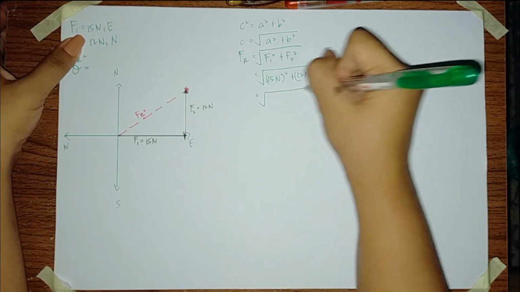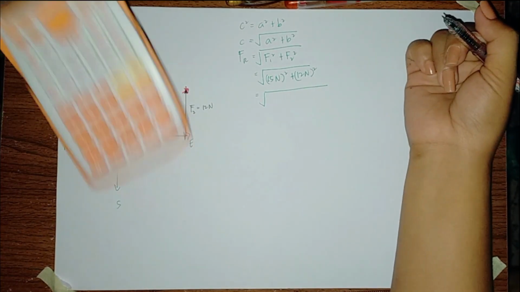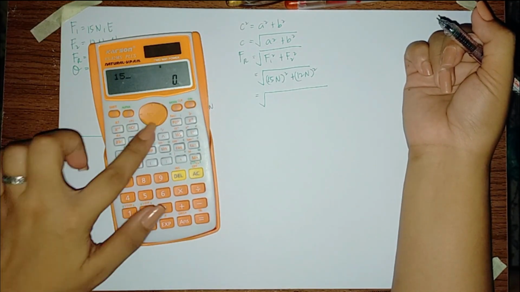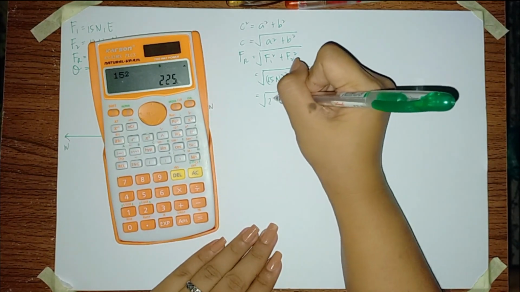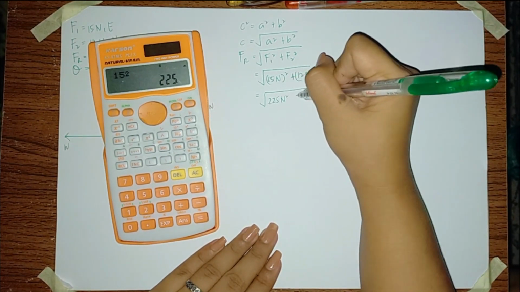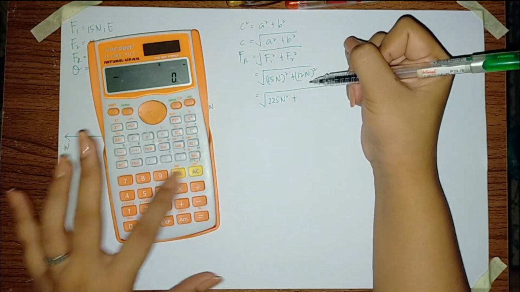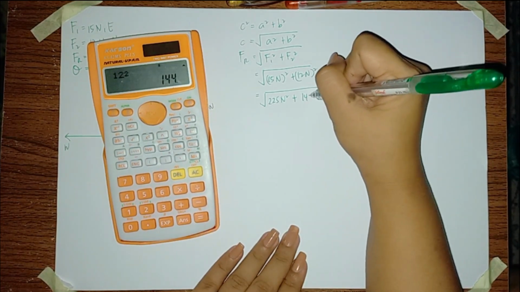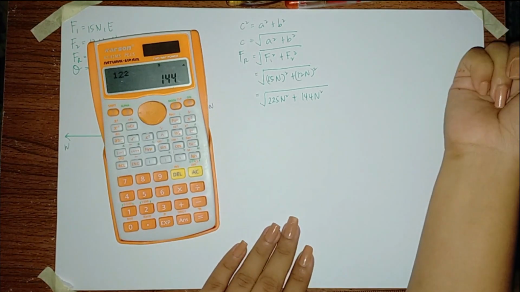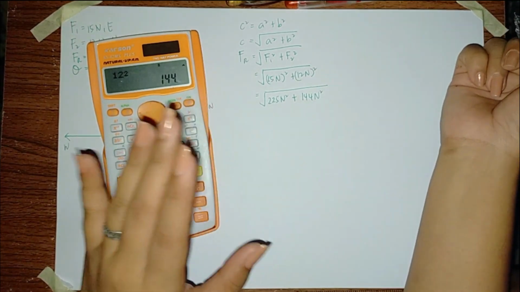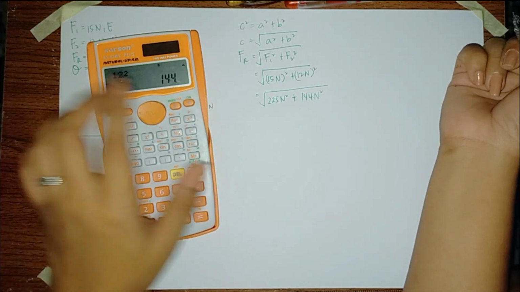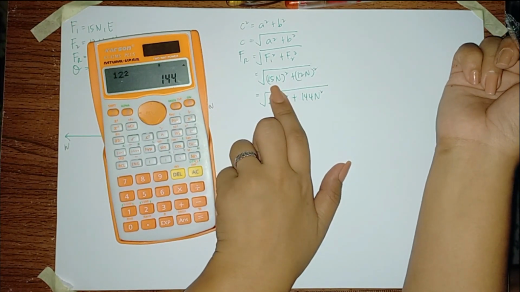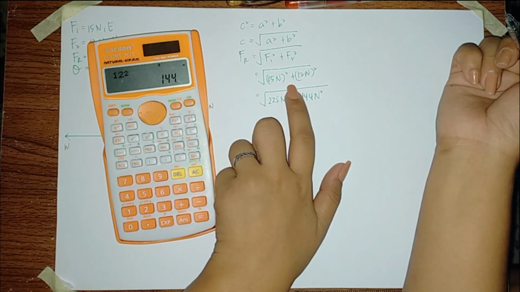Okay. Let us square the values. 15 squared is 225 newtons squared plus 12 squared, which is 144 newtons squared. So, please don't forget that when we square the value inside the parentheses, we also need to square the units.